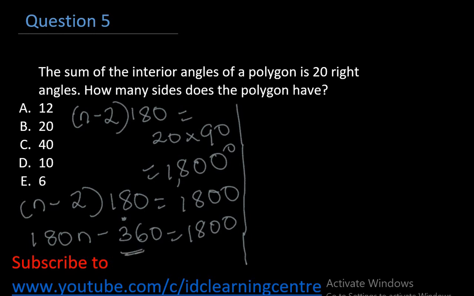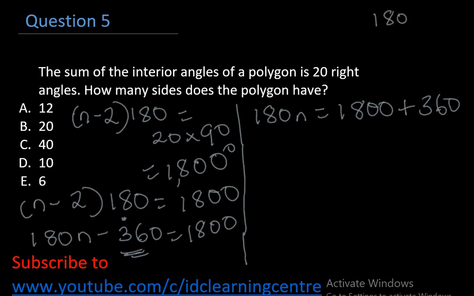Collect like terms, move minus 360 to the right, okay? So 180n will be at the left alone. But we then have 1800 plus 360. Let's see what it will give us. 1800 plus 360. So this is 0, this is 6, this is 11, put 1 here, this is 2.